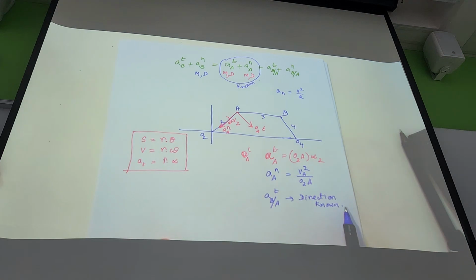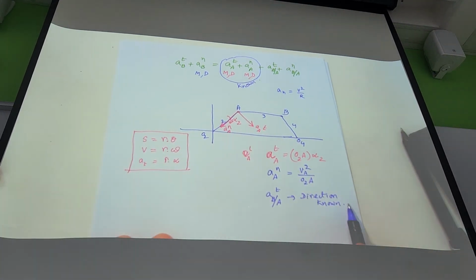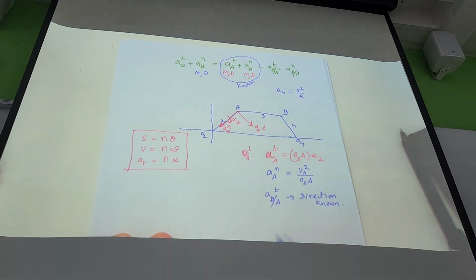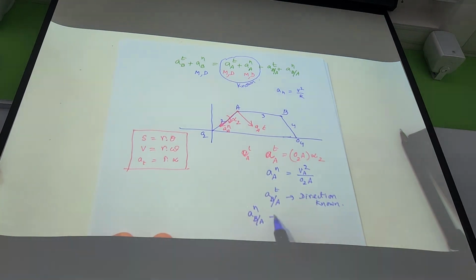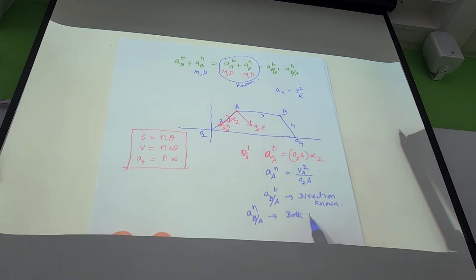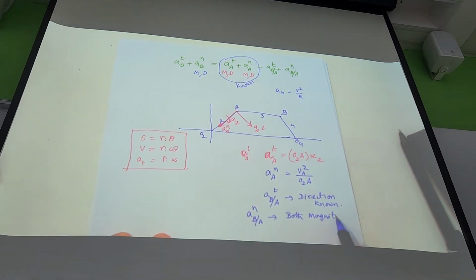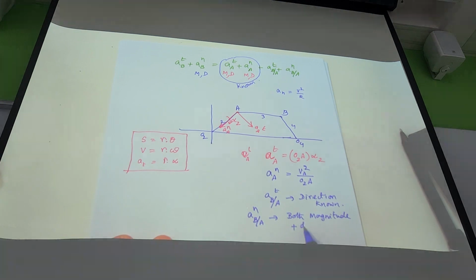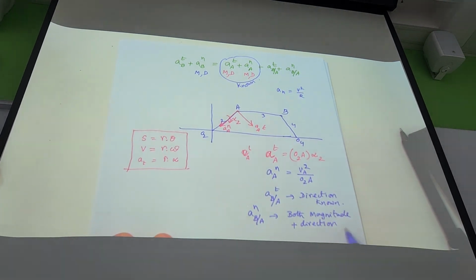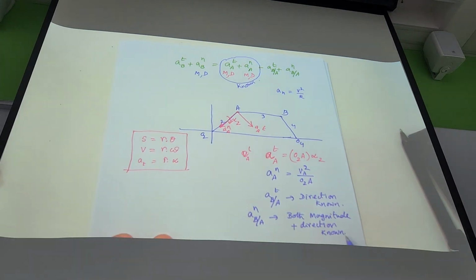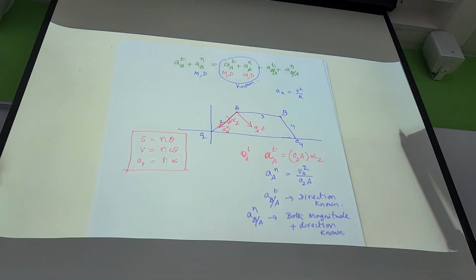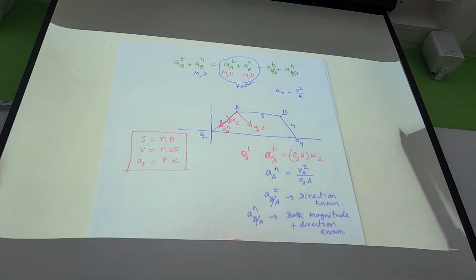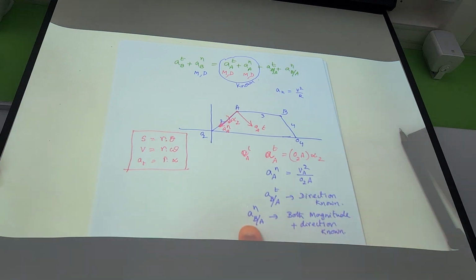Then acceleration of BA normal, both magnitude and direction: velocity of BA square over AB, the distance, gives you the normal component magnitude.